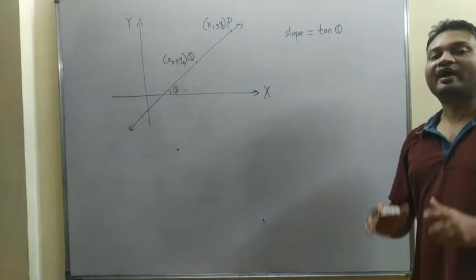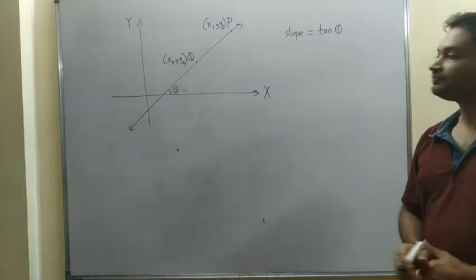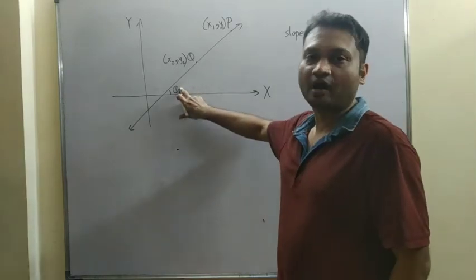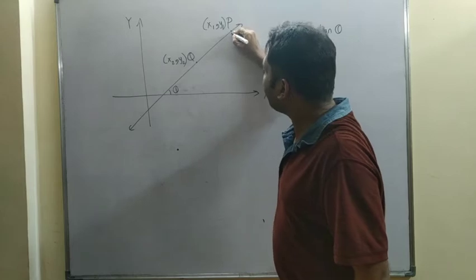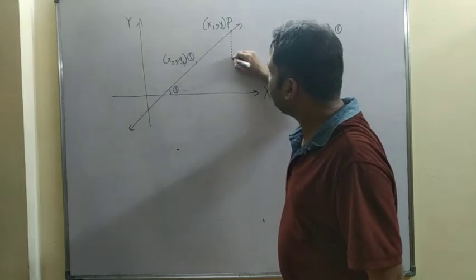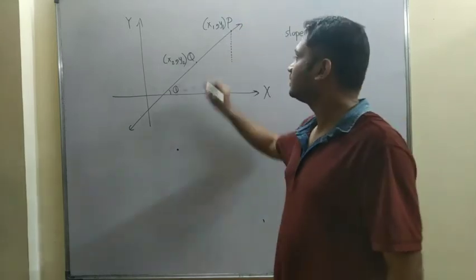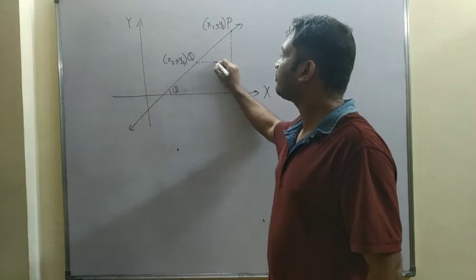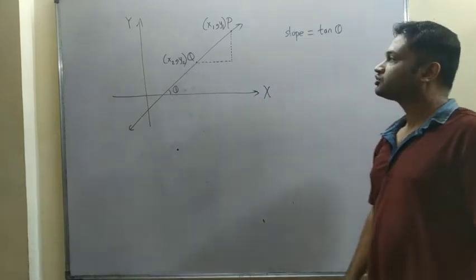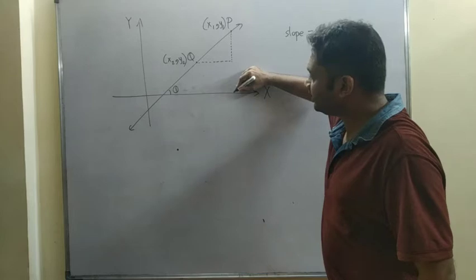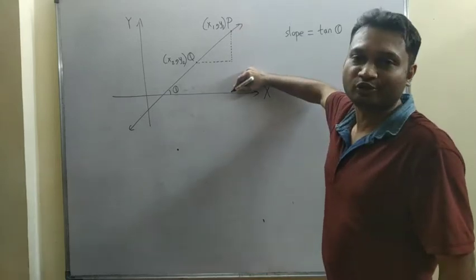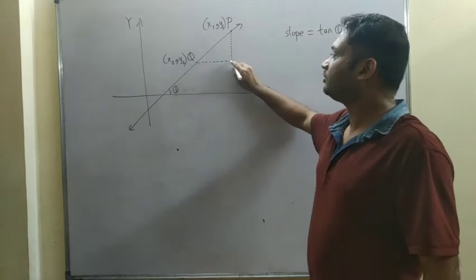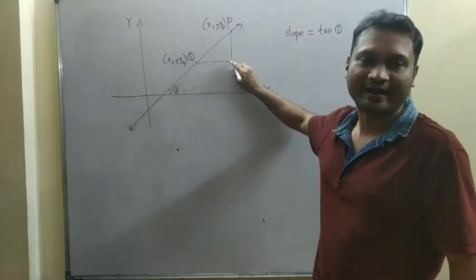Now, let us find another formula for slope. If this angle is theta, and I make a construction, drawing a perpendicular from point P and a perpendicular from point Q as well, this perpendicular from P is perpendicular to the x-axis, and this perpendicular is perpendicular to the y-axis.